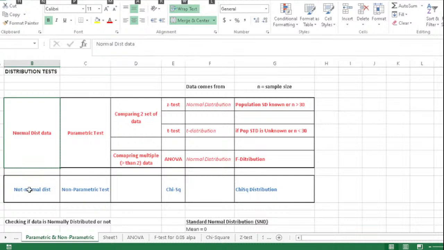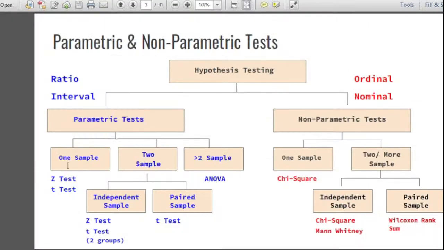And non-parametric tests do not make such assumptions, okay? I've already discussed that Z test, T test, ANOVA are parametric tests, and chi-square is a non-parametric test. There are other non-parametric tests like Wilcoxon rank and Mann-Whitney, which are not in our curriculum. We are going to only do chi-square.